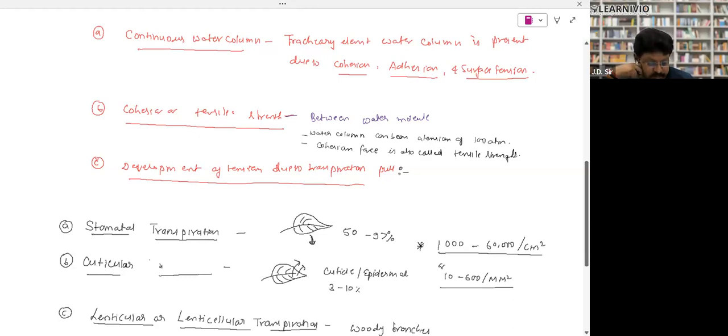The deeper cells obtain water from tracheary element. The water in tracheary element would come under tension.